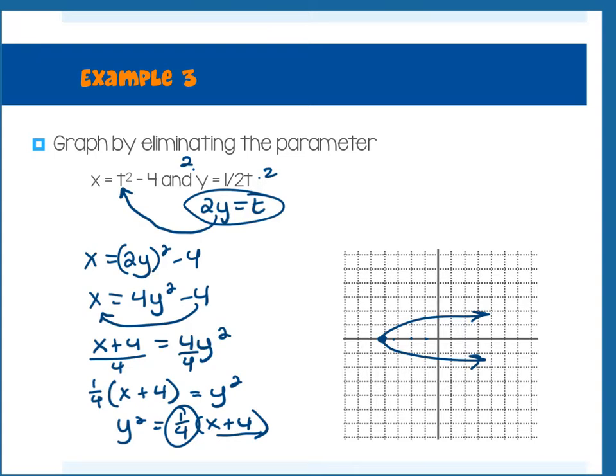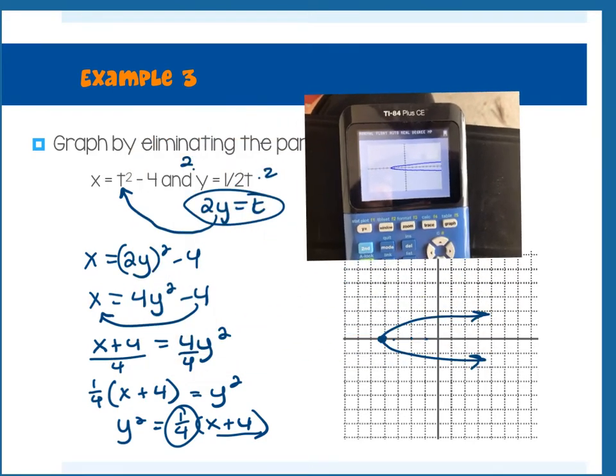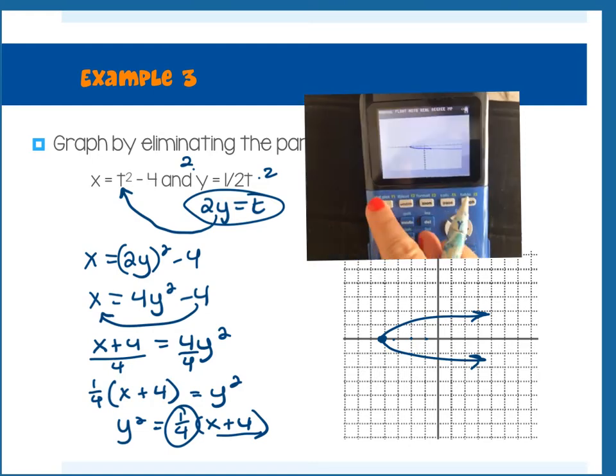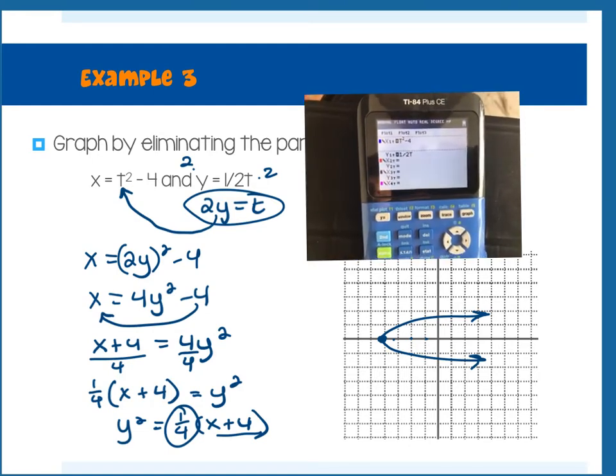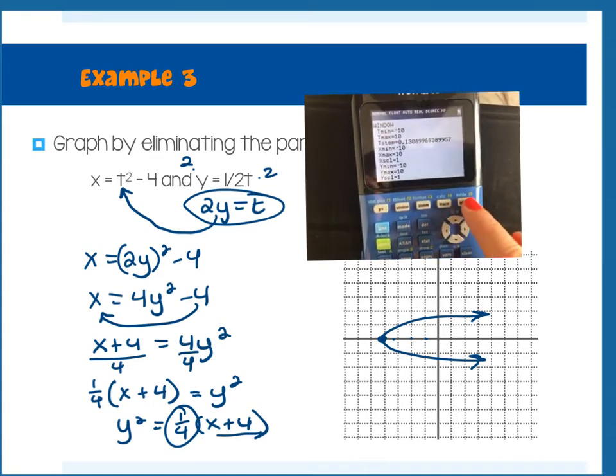So make your window like -10 to 10 like it normally is. And there's what my graph looks like, which matches what I got. Again, I plugged in the original equations, and then I adjusted the window -10 to 10, and then I graphed it.